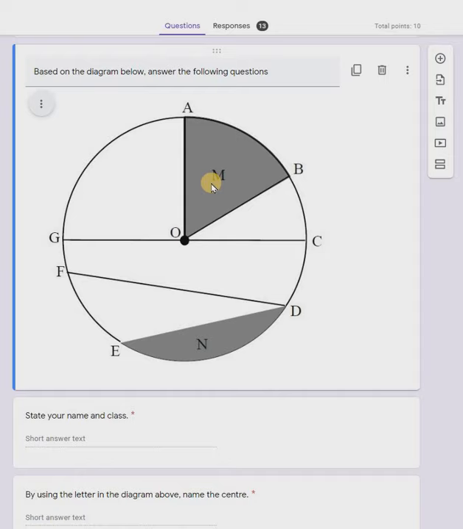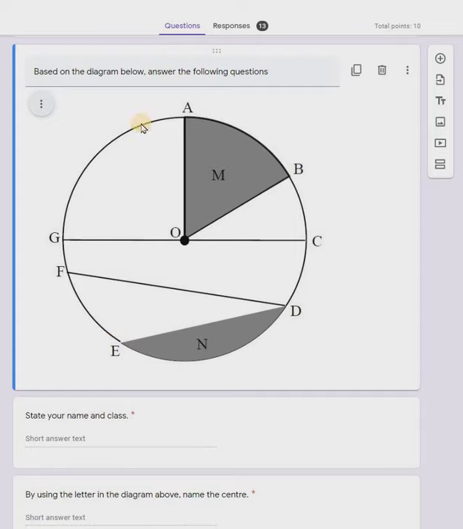Then the segment is the region or area covered by a chord and an arc. Remember, a segment is covered by a chord and an arc, so N is a segment.